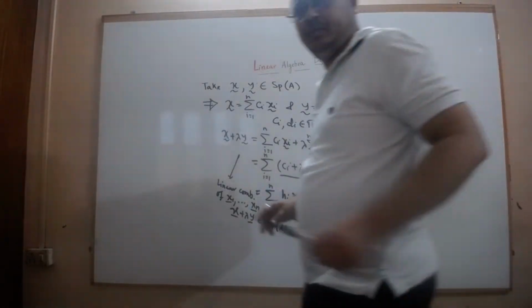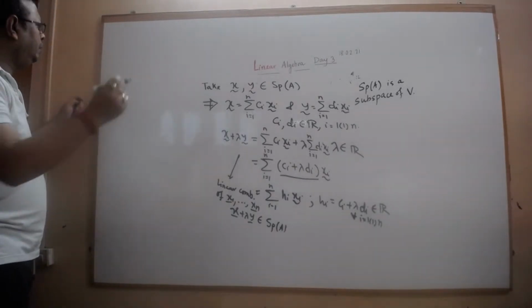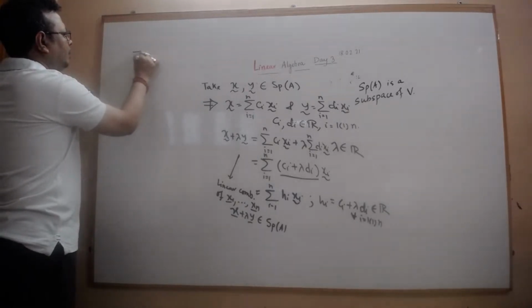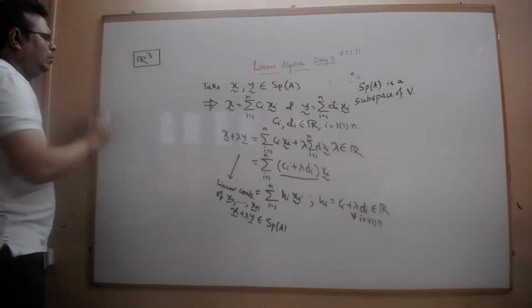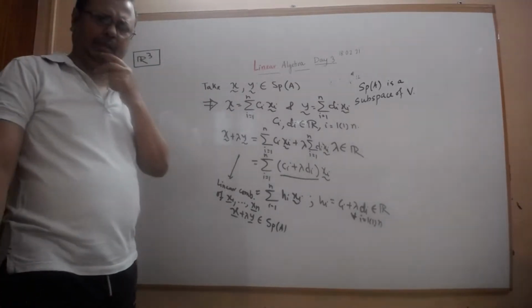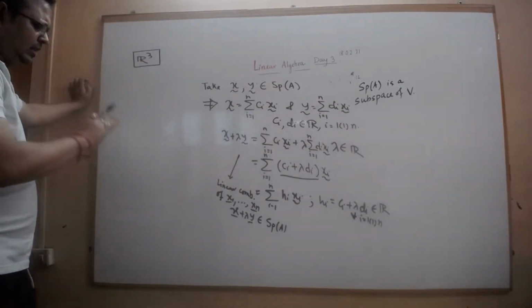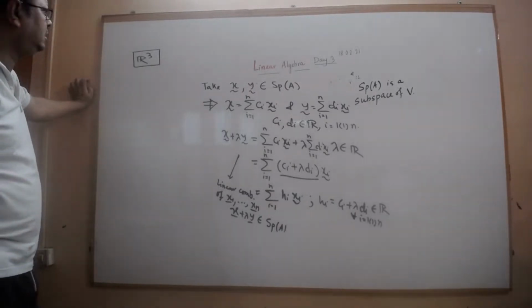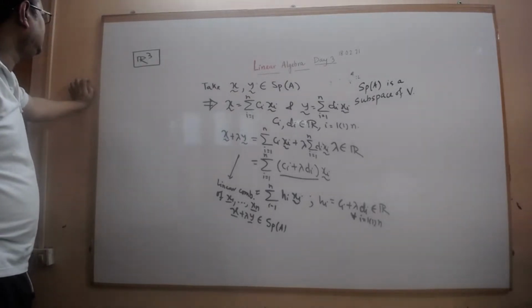For example, suppose I consider R cube. We know this R cube is a vector space under usual vector addition, that is element-wise addition, which I already defined in my previous classes, and usual scalar multiplication.